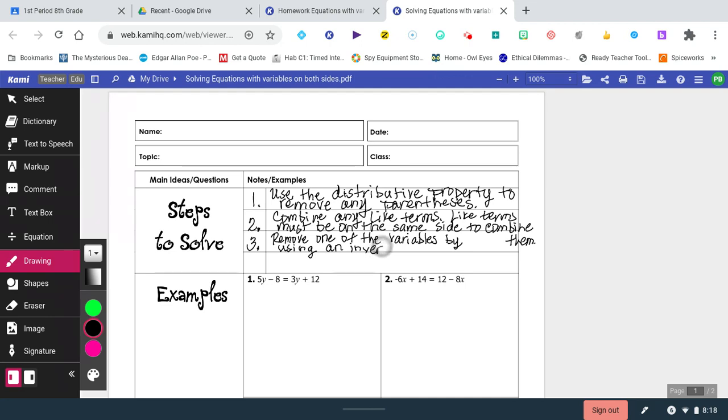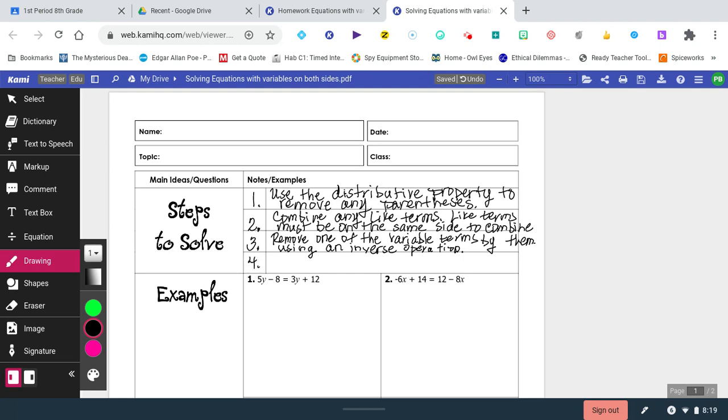So you're just going to do the opposite of one of the variables or the variable terms. Remove one of the variable terms by using an inverse operation.